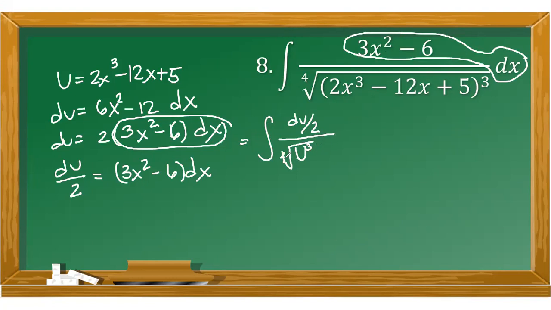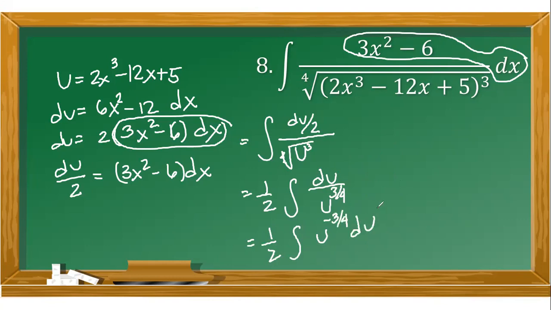Okay, so the fourth root of u cubed. So I take out the 1/2 so that what remains is du over u raised to 3/4, which is what that means. So 3 is the exponent and 4 is the root. Okay, so that is an exponent. So I will raise it. Rewriting again, 1/2 integral of u raised to -3/4 du.